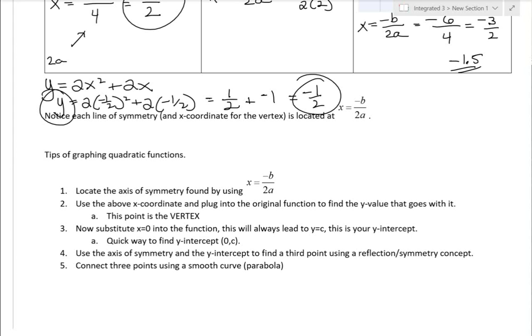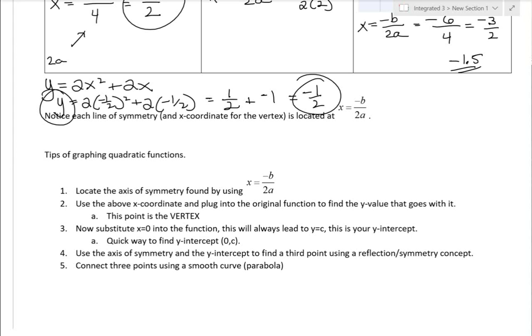Step 3 then says now substitute x equals 0 into the function. This will always lead to y equals your constant value. Okay, and it's going to give you your y-intercept. Now that we have our y-intercept, we graph that. And the idea then is once you have your vertex and your line of symmetry, you have your y-intercept, which is going to be on one side of your line of symmetry.